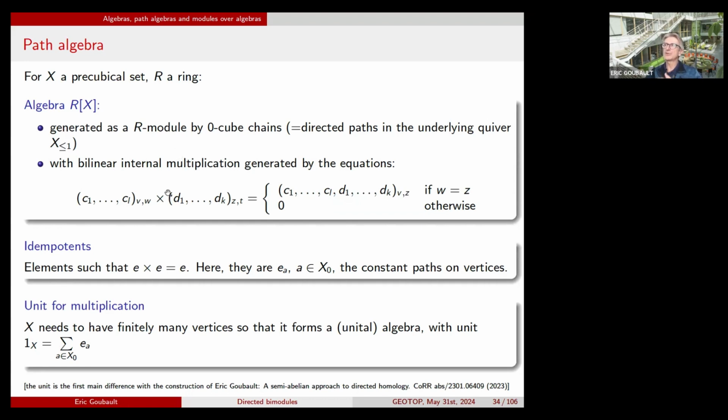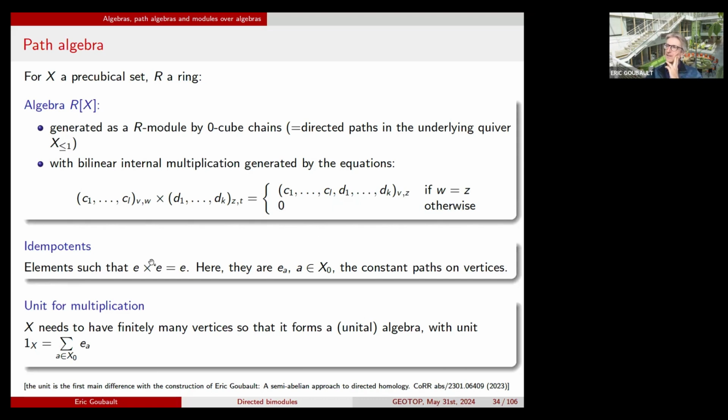And then you define an internal multiplication, which is bilinear, generated by the obvious multiplication, which is just concatenation of directed paths. So if you take two directed paths, one from V to W, the other one from Z to T, if they can compose, that is, if W is equal to Z, then you just concatenate the cube chains, giving you a bigger cube chain. Otherwise, they won't compose and you get 0. And that defines an algebra.